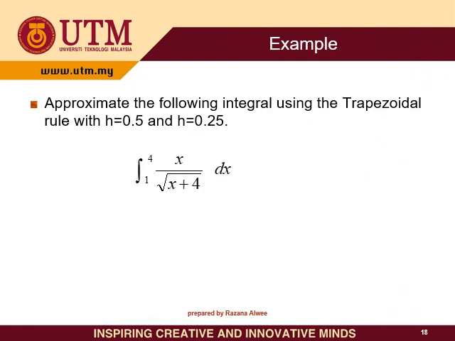Okay, let's look at the example here. Approximate the following integral using the trapezoidal rule with h is 0.5 and h is 0.25. So we have to calculate for h 0.5 and h 0.25. In this question, they give you the f(x): f(x) is x plus 4, a is 1, and b is 4.